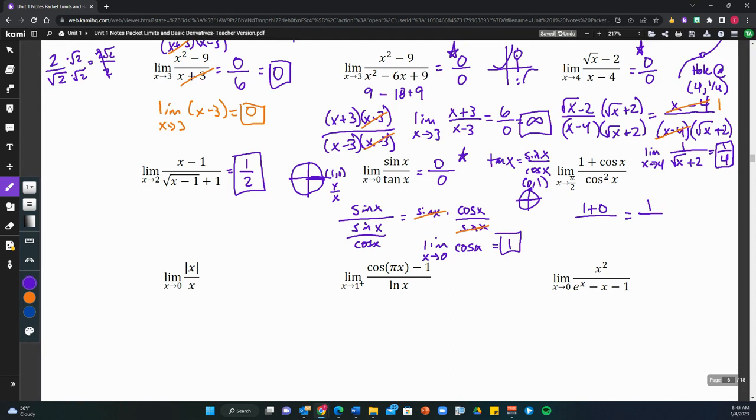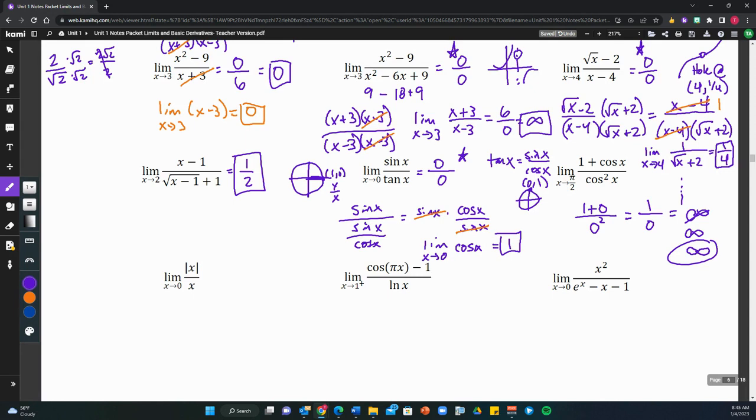But then the denominator, cosine squared of x, would be 0 squared, or 0. So this is, again, a non-zero number over 0, which is going to result in infinity. Another bad one. Yikes, only getting worse. So that is our final answer here. This graph must have a vertical asymptote at pi over 2.